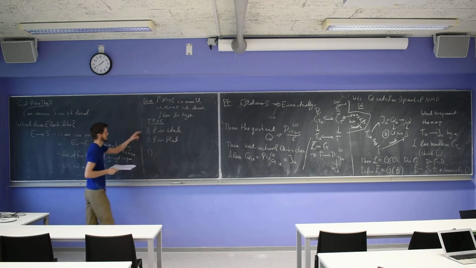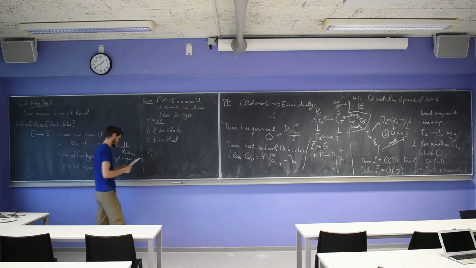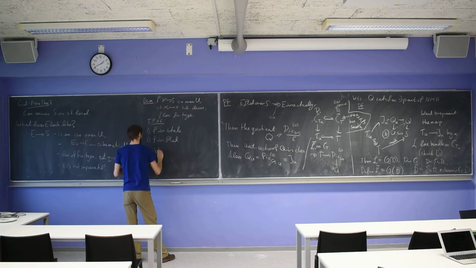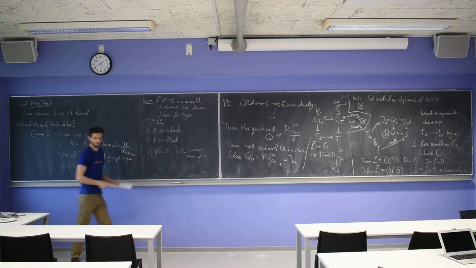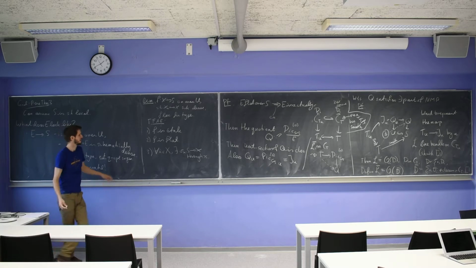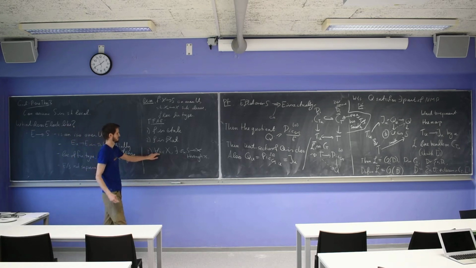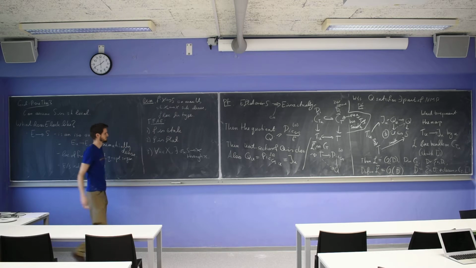Okay, so 1 implies 2, I'll leave to the reader. The third one is the useful one for us really. It says that every point upstairs has a section going through it.